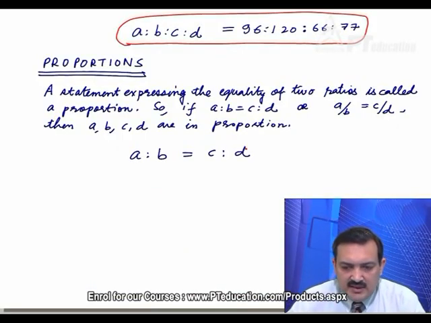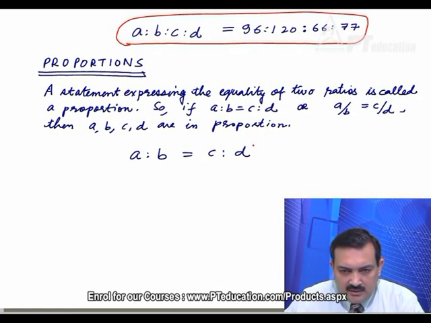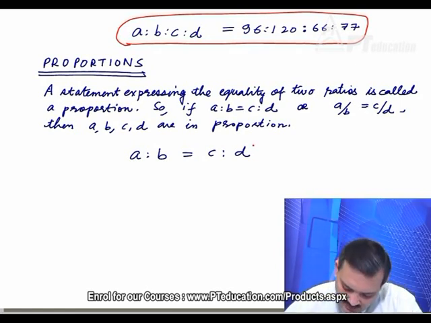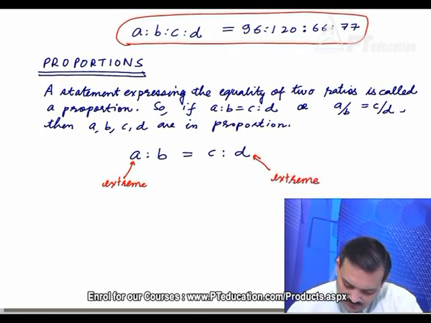So, we have just seen that A is to B is equal to C is to D means A, B, C, D are in proportion. Here in this proportion, A is called the extreme, just like D is also called the extreme. B and C are called the means.